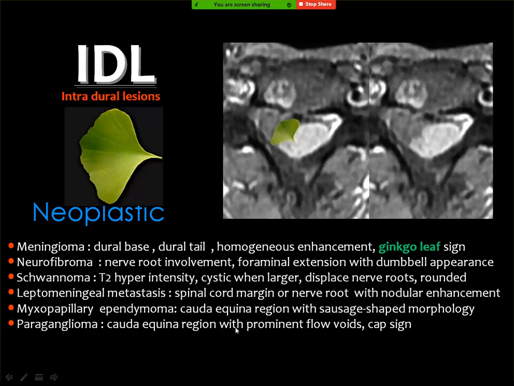foramen. Then you have other lesions that can exist inside the subdural space, including metastasis if you know that the patient had a primary malignancy. And one of the well-known lesions in this area in the lumbar region is the filum terminale ependymoma, which should also be included in the differential diagnosis.